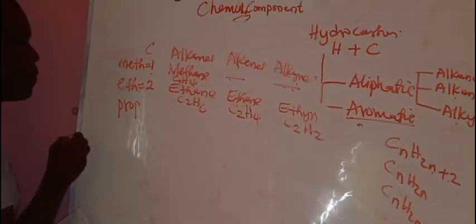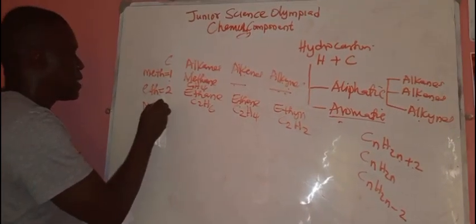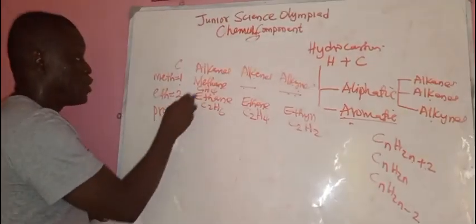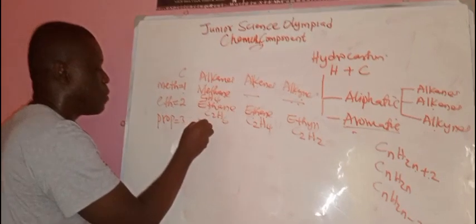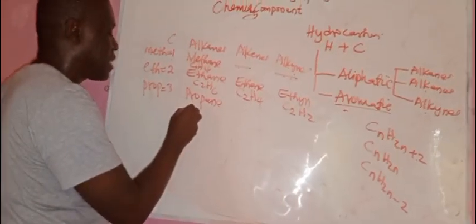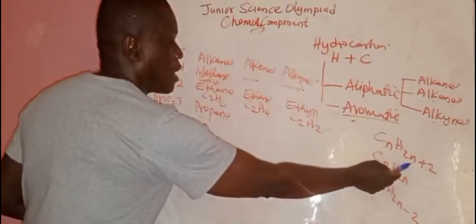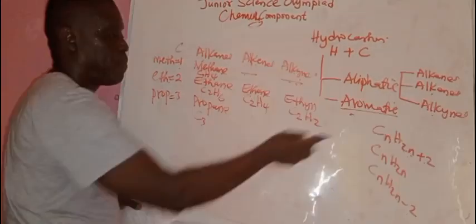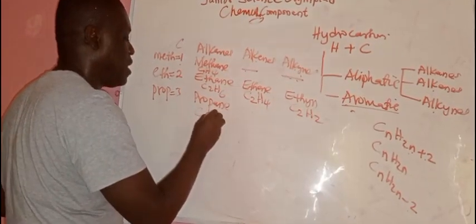The next one is prop. Prop means 3. So the first one here we have propane. Propane is 3, that means C3. Using this formula, look here. 2 times 3 is 6, plus 2, 8. That means C3H8.